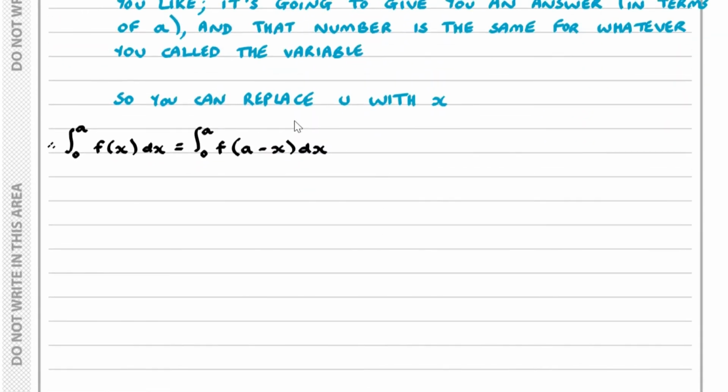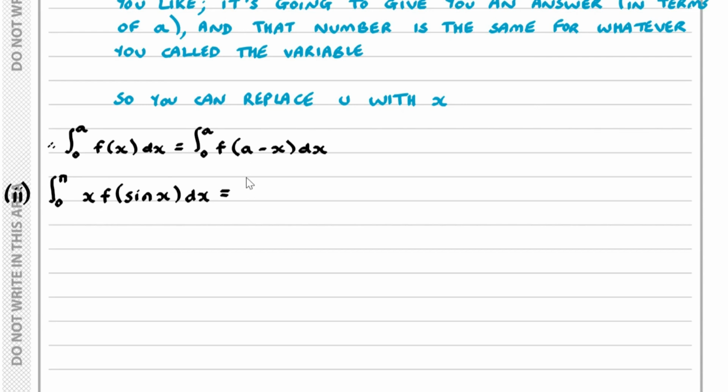So for the second part of our question, we are integrating from 0 to pi x multiplied by f of sine x with respect to x.